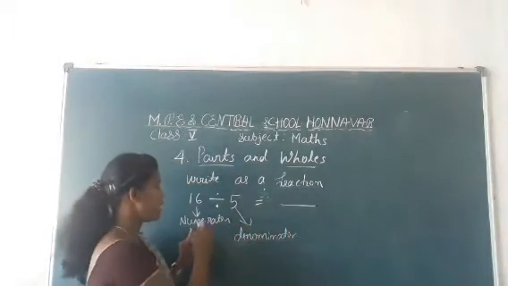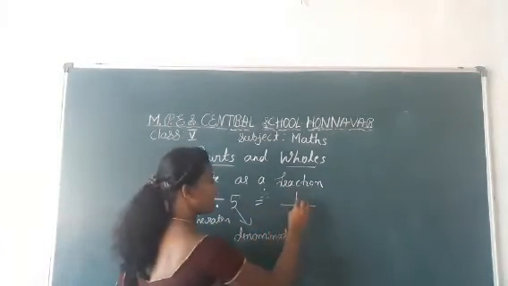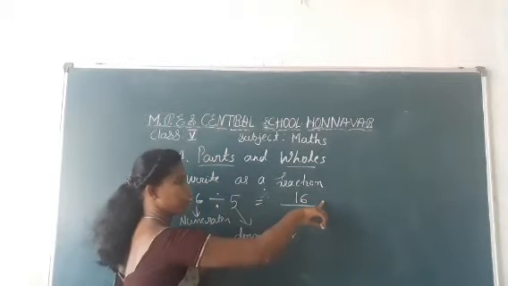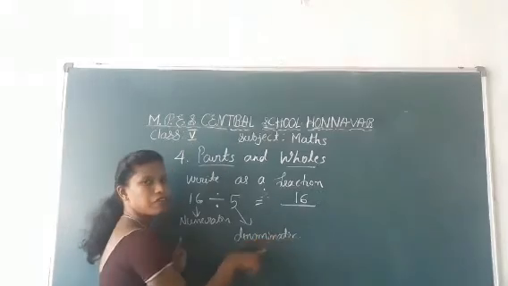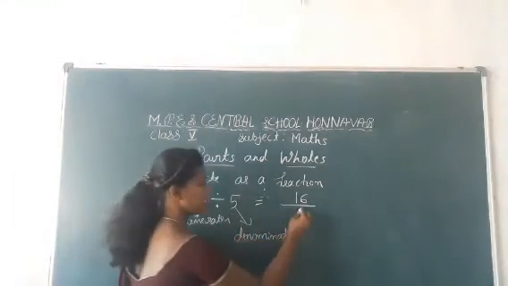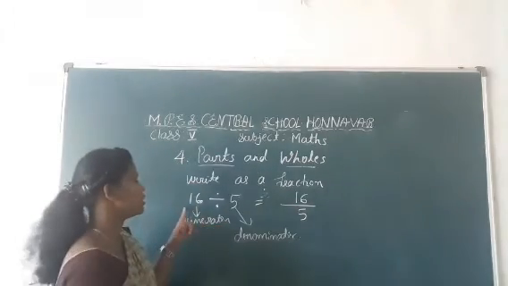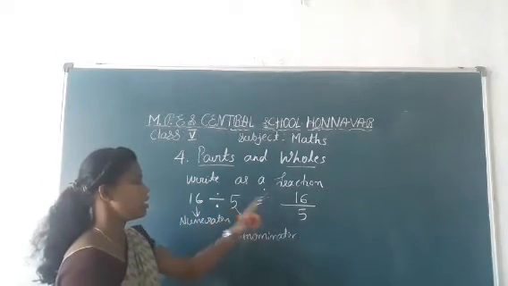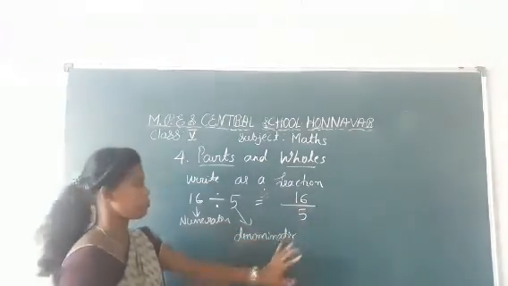Like this we write, here numerator is 16. In the upper part we write the numerator and in the lower part we write the denominator, that is 5. So this way we write 16 divided by 5. In a fraction form we can write this as 16 by 5.